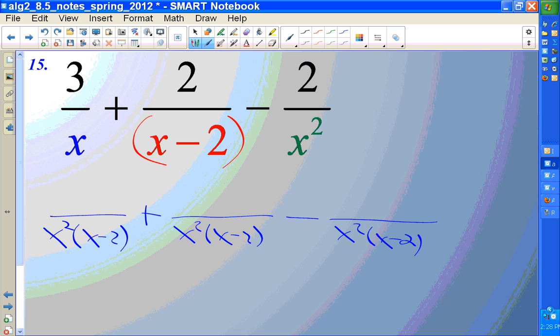What are we going to multiply by the x in the first fraction? X and x minus 2 to get the LCD. So you're going to have 3x and x minus 2. What do we multiply the red denominator by? X squared. And the green denominator? X minus 2.